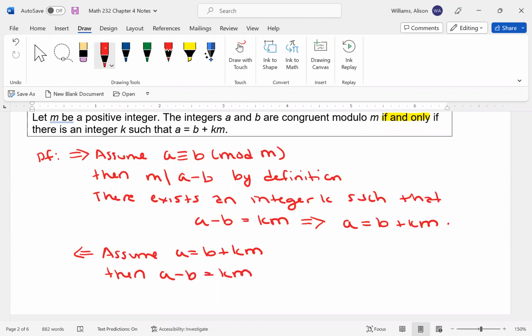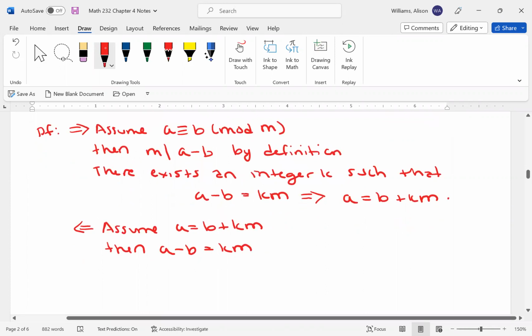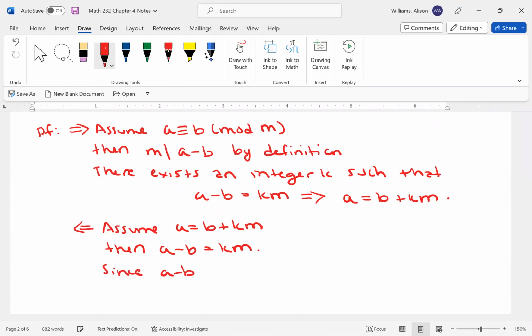And now that A minus B is a multiple of M, M divides into A minus B.